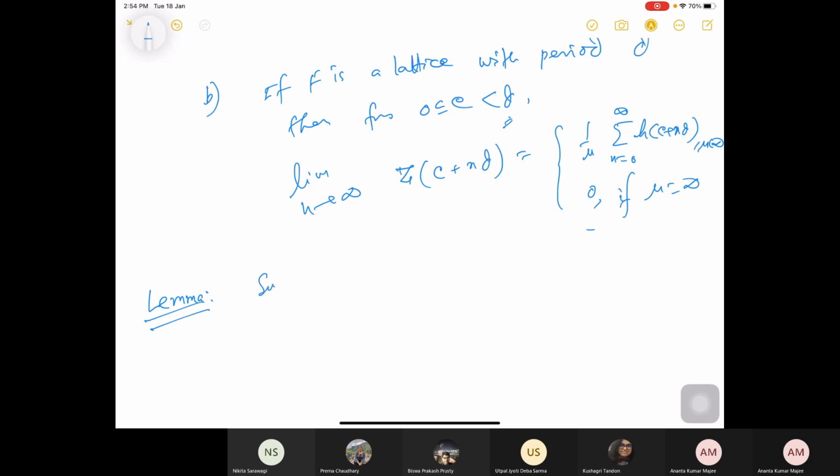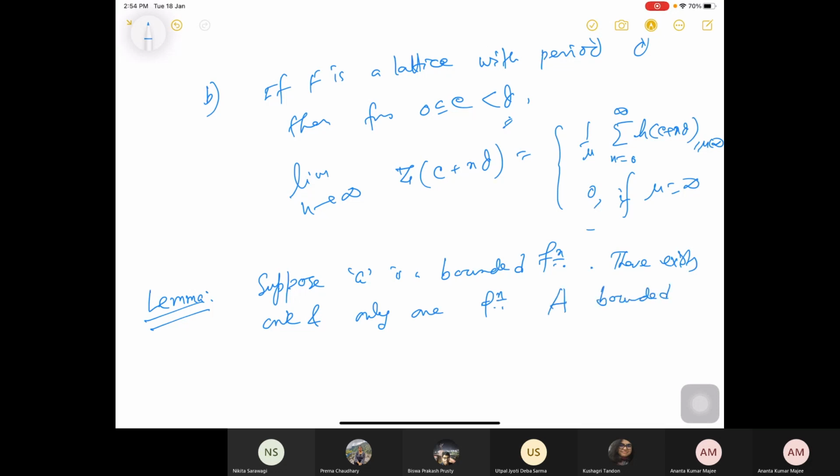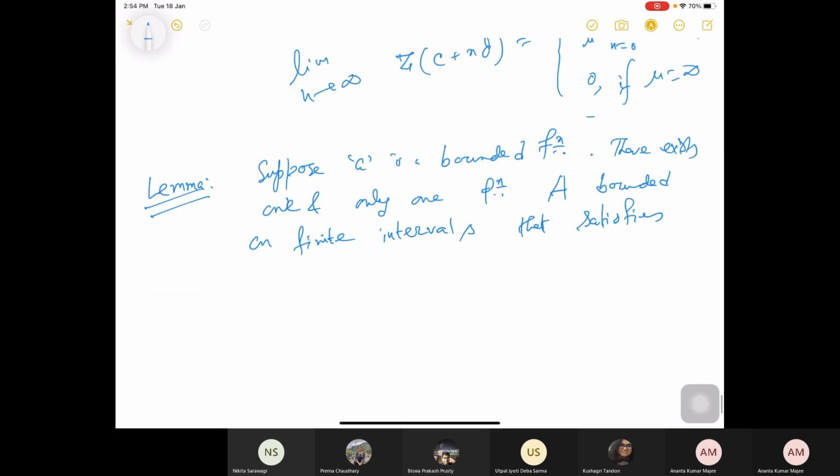So what it says is, suppose a is a bounded function. Then there exists one and only one function A, which is again bounded on finite intervals, that satisfies the following: A(t) is equal to a(t) plus the integral from 0 to t of A(t minus y) dF(y).